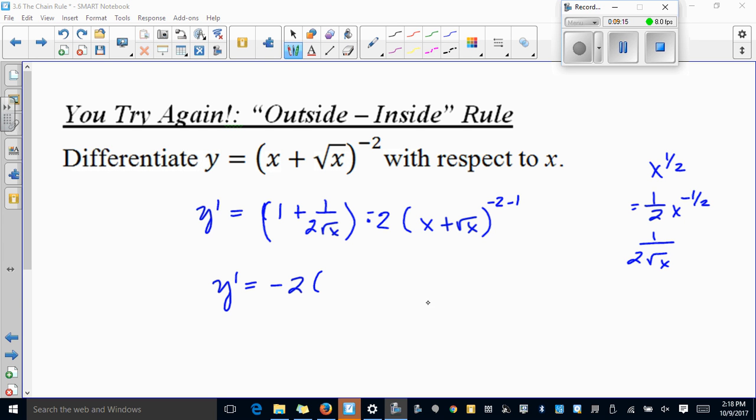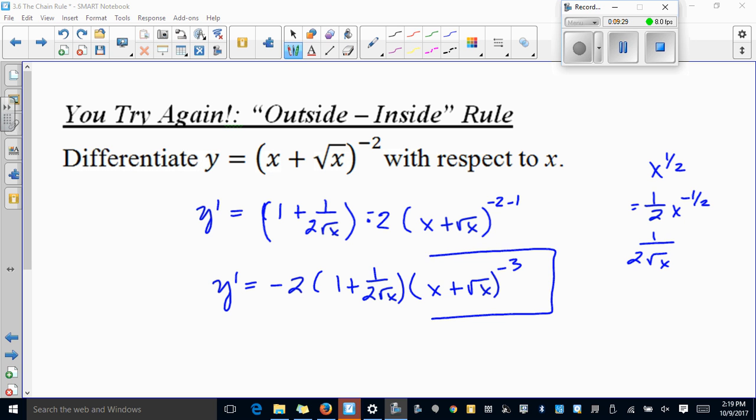Now you can clean it up more by multiplying through, but I would only do that if I had to find the second derivative. But there's your derivative. Again, derivative of the inside, there it is, times the derivative of the outside, that's just the power rule, bringing down the negative 2. Pretend that guy's just x, and then just don't forget to subtract the 1.